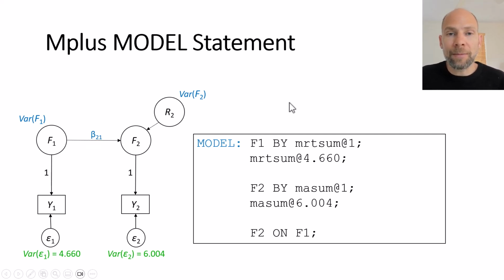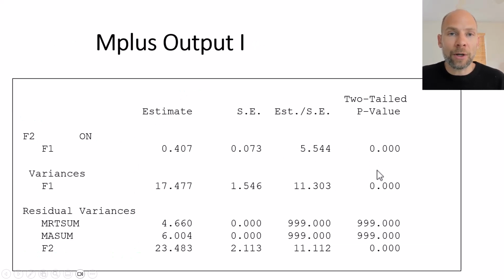Let's take a look at some of the output as well. I'm not showing you the entire Mplus output, but only selected parts of it. And so you can see here the unstandardized estimates, and what was estimated was the beta coefficient 0.407. So that's our unstandardized regression coefficient with a standard error and a z-statistic for a test of significance, and the p-value is 0.000 something, so the coefficient is significant at the 0.05 level.